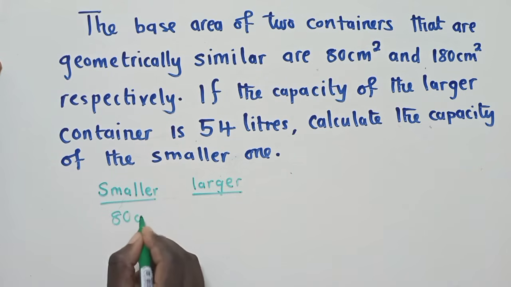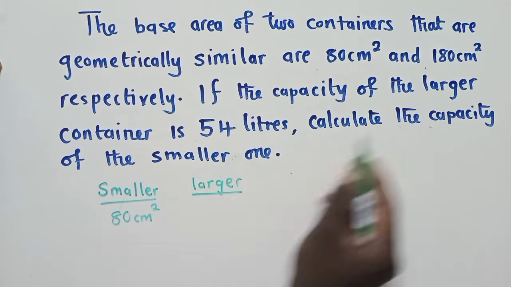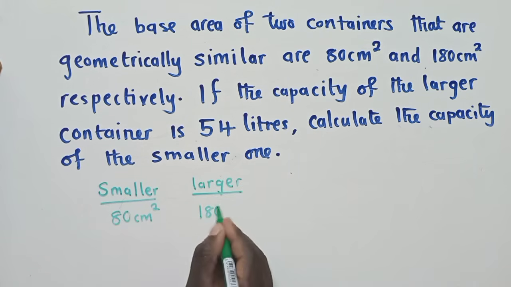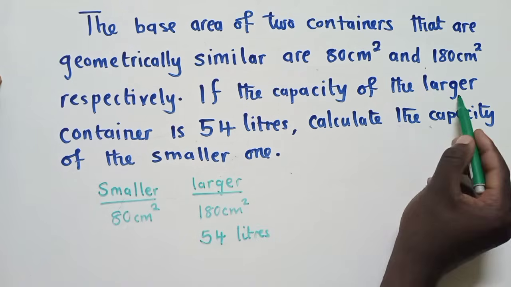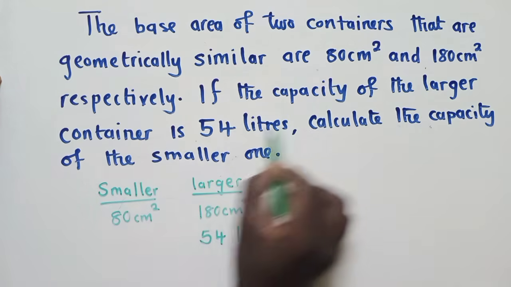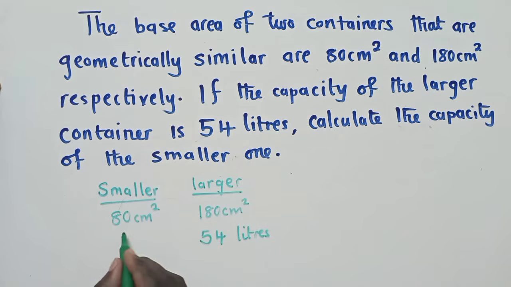So smaller is 80 centimeters squared, and for larger it's 180 centimeters squared. We can also include the capacity. For the larger one it's 54 liters, since they have said the capacity of the larger container is 54. For the smaller one, which is what we are looking for, we have not been given it, so we'll say it's x.